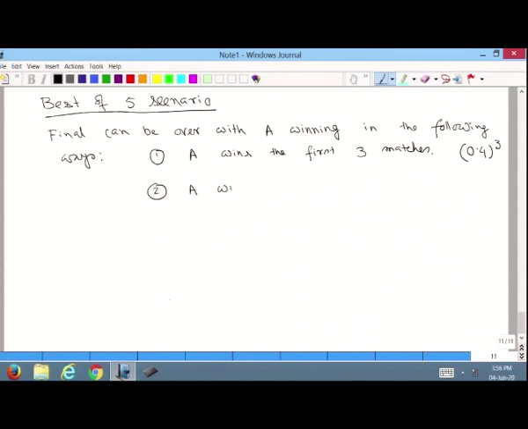2. A wins 2 of the first 3 matches and then wins the 4th match.